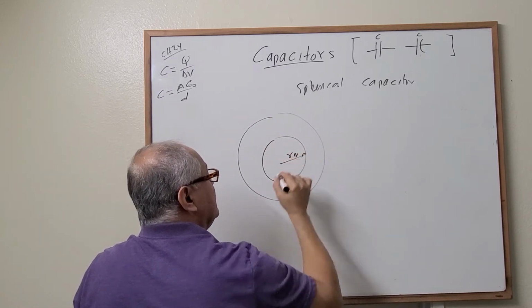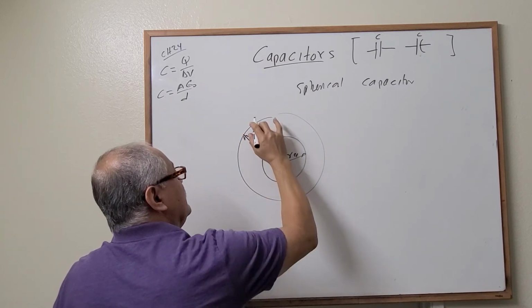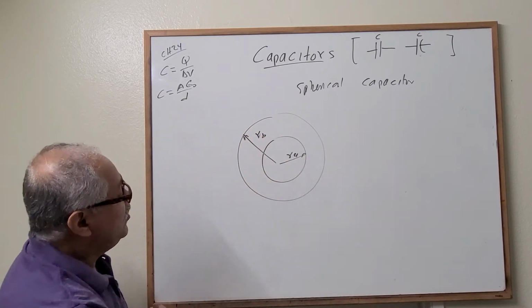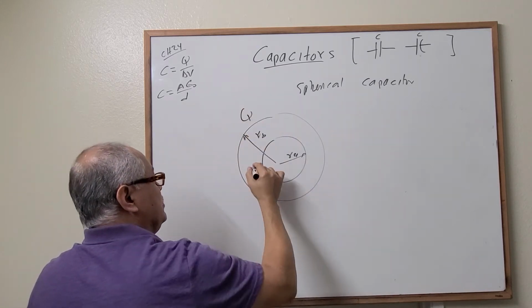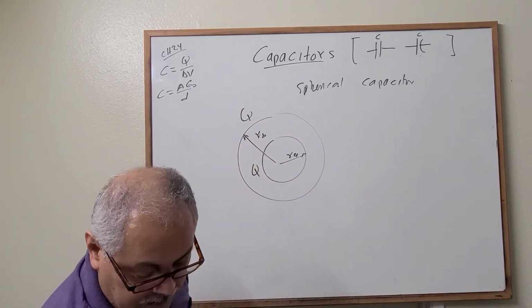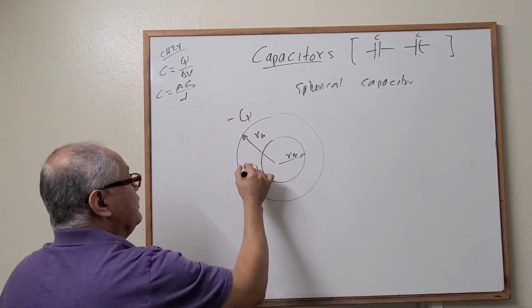This is the first shell and this is the second shell, each with its own radius. Imagine one has negative charge and the other positive charge.